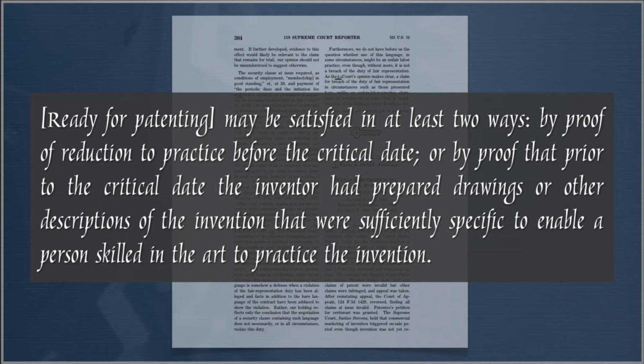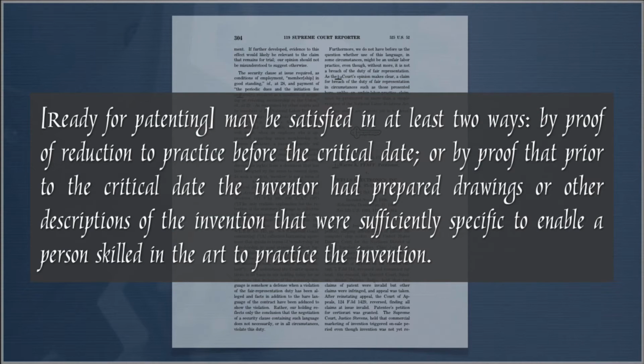PFAF links that by saying, once you've prepared those things that would help you in a priority contest context, then that could be exactly the type of materials that would be sufficiently descriptive to call the invention ready for patenting and therefore create an on-sale bar.